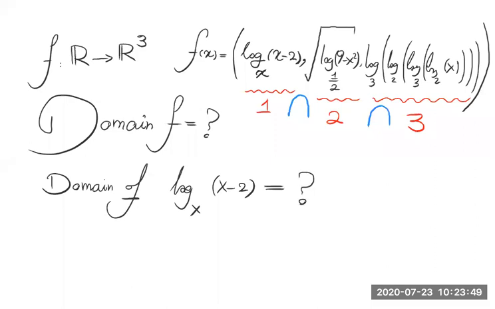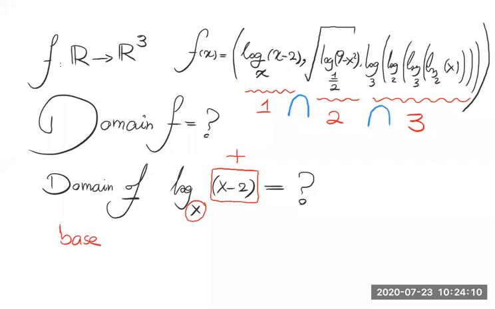Does anyone know what the rules are here? Well, I told you what we have here should be positive. We can only take log of positive numbers. What about the base? Do we have log in any base? Exactly. There is a rule about log.